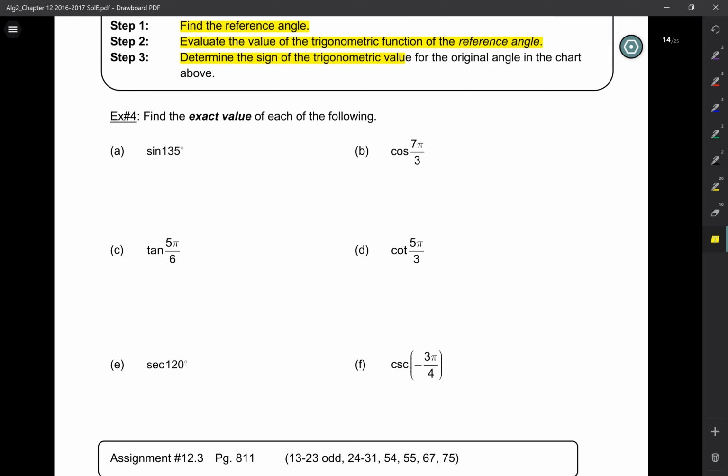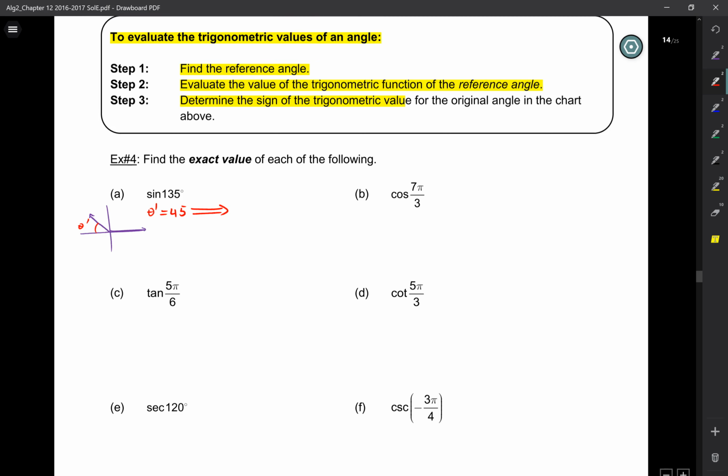Okay? Sine of 135. Where is that? That's over there, right? 135. Okay. How much is the reference angle? 45. So, okay, that was step one.